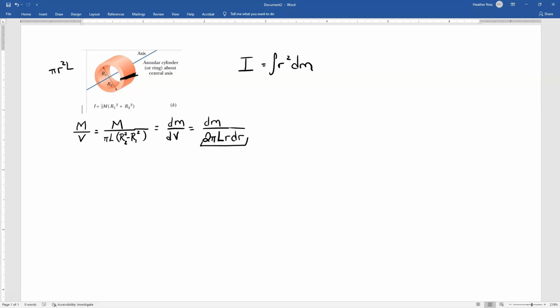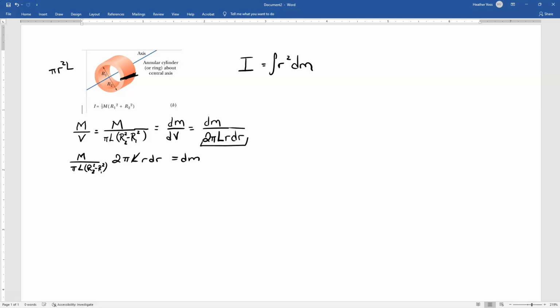So that we're going to then solve for dm. So mass divided by pi L (r2 squared minus r1 squared), multiplied by that 2 pi L r dr. That's going to equal my dm.